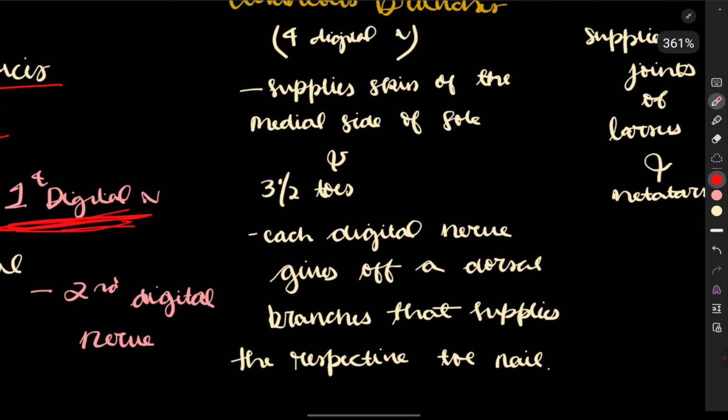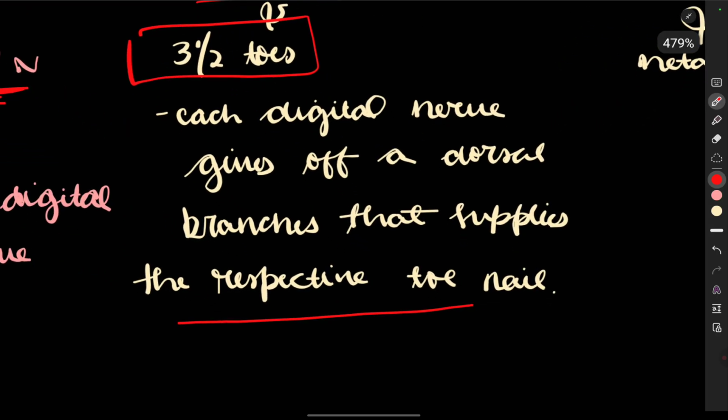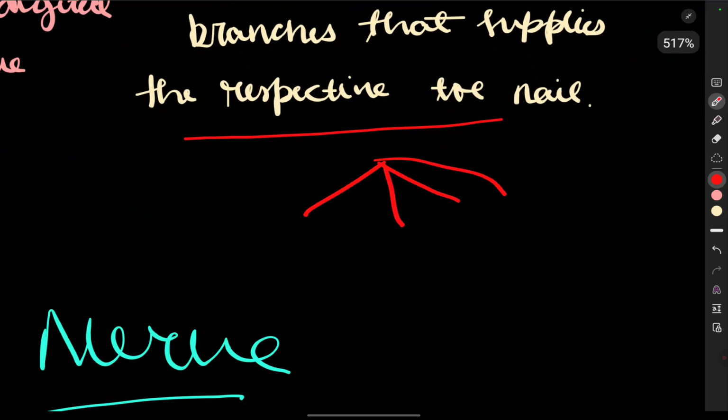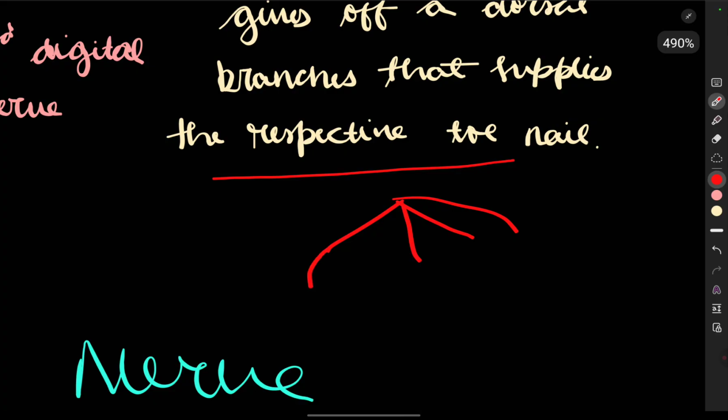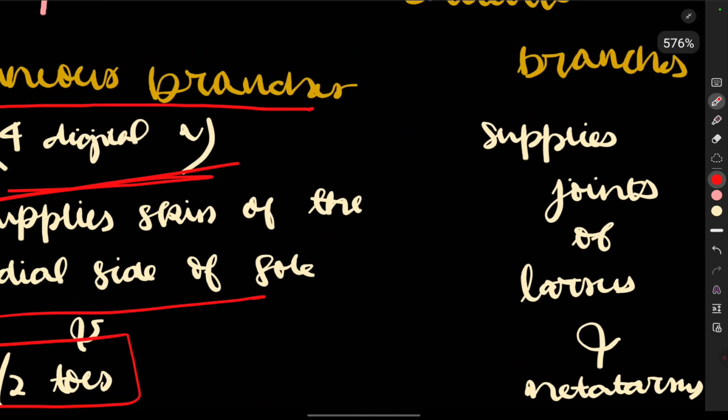Now we have the cutaneous branches, 4 digital nerves, which supply the skin of the medial side and 3 and a half toes. Each digital nerve gives off a dorsal branch that supplies the nail of the respective toe. So these are the cutaneous branches of the medial plantar nerve.